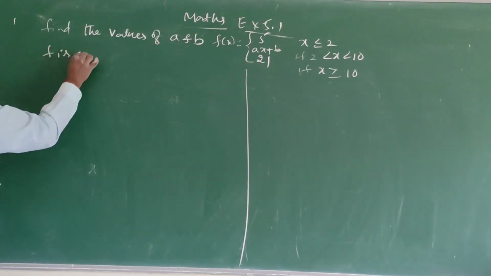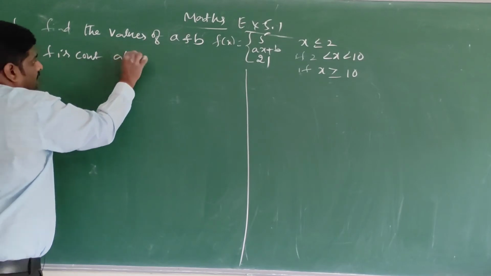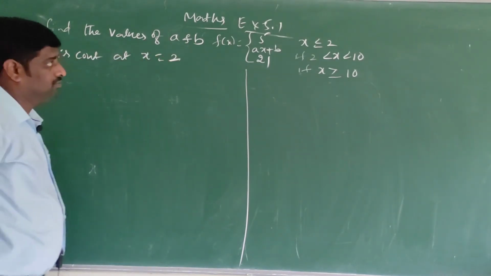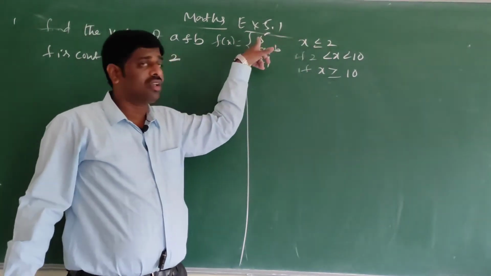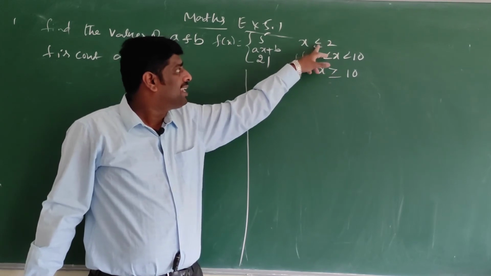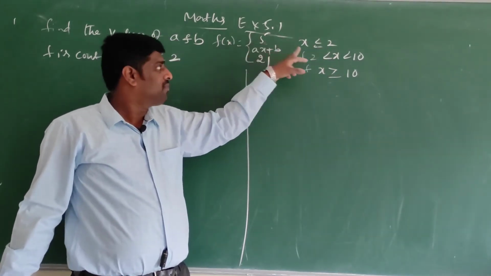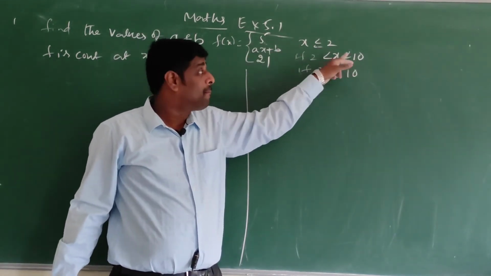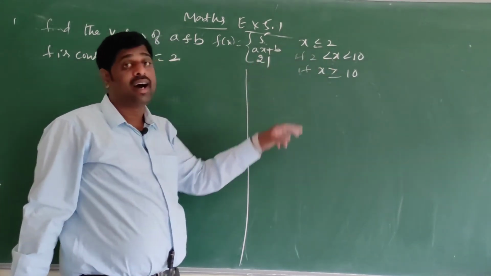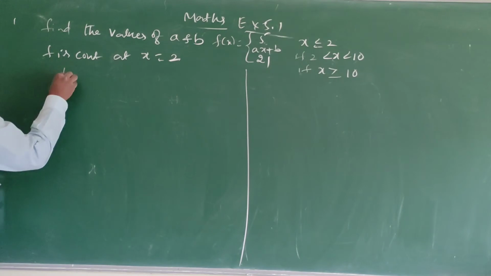f is continuous at x is equal to 2. See, at x is equal to 2, LHL is what? 5, that is x less than 2, this is LHL. This is x greater than 2 but less than 10, this is RHL.